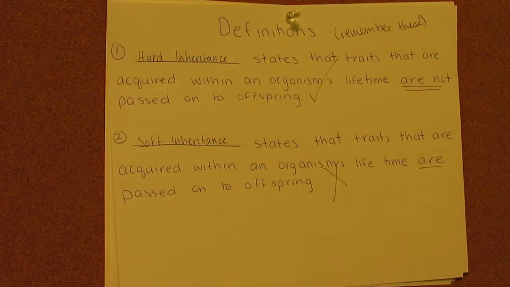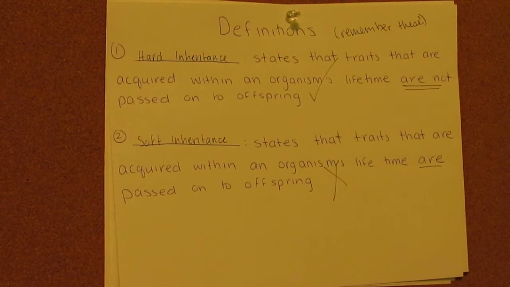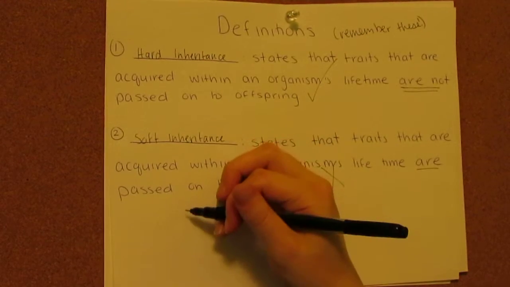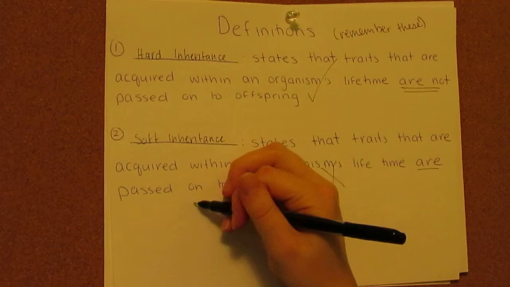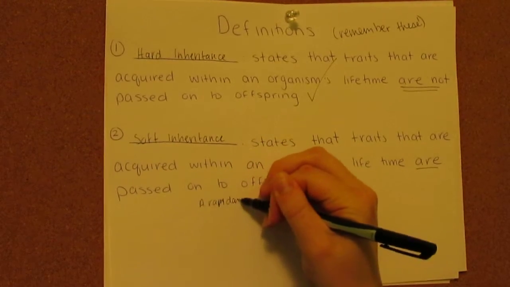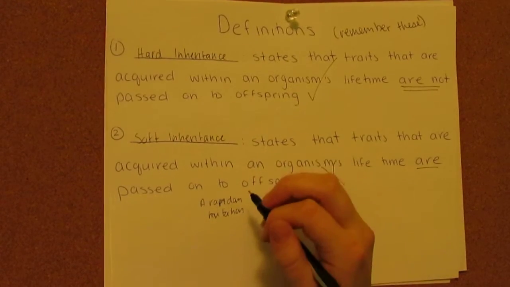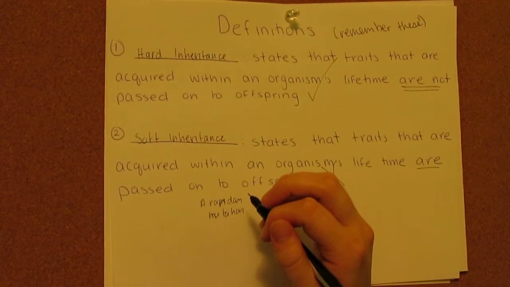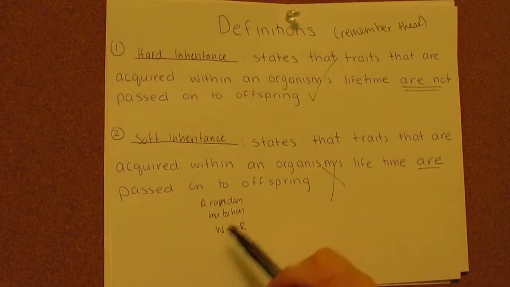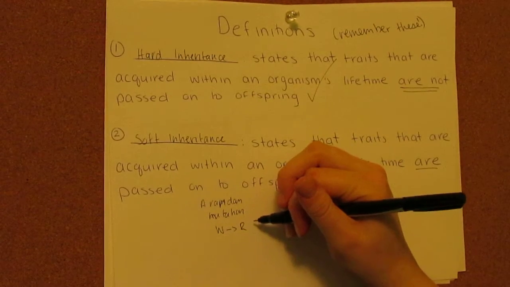So to make this a little more clear, we'll make them into two possible cycles. So this one will represent hard inheritance. So say a random mutation occurs in an organism that changes white coloring to red. And W and R are stating the genes that code for white and red coloring.